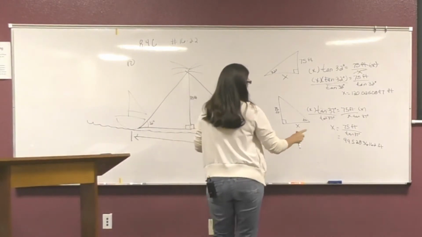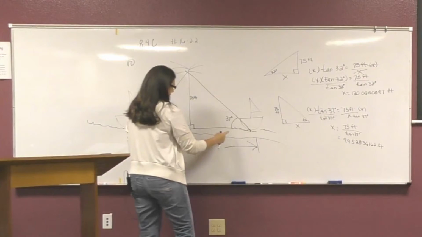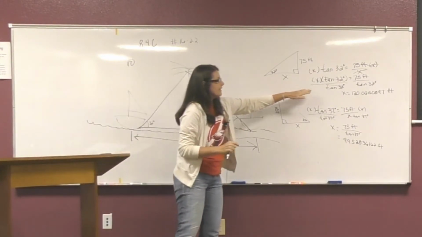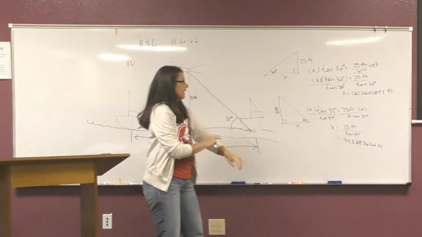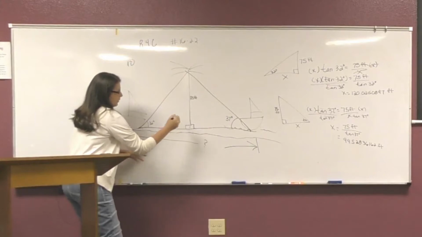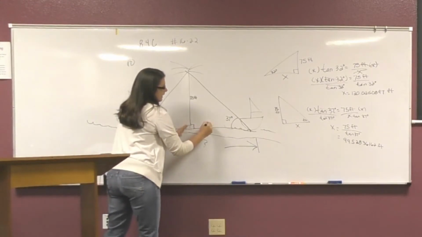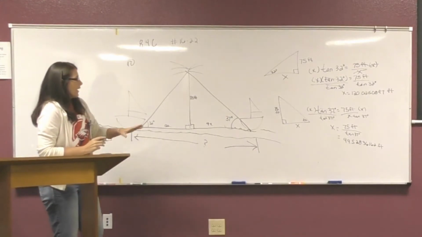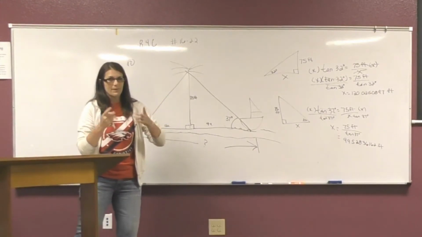So this number is this distance. I need to add these two numbers. This is my 120 point whatever number. This is my 99 point blah blah blah number. I need to add them, and then I'm allowed to round.